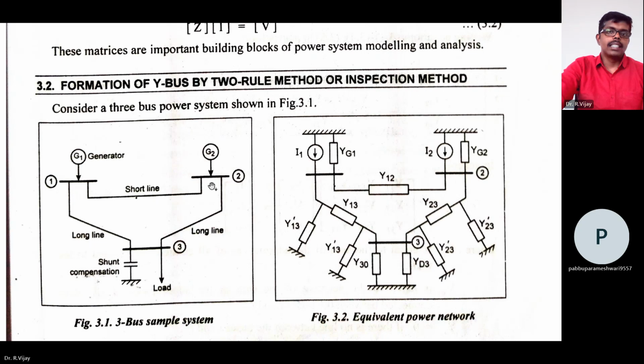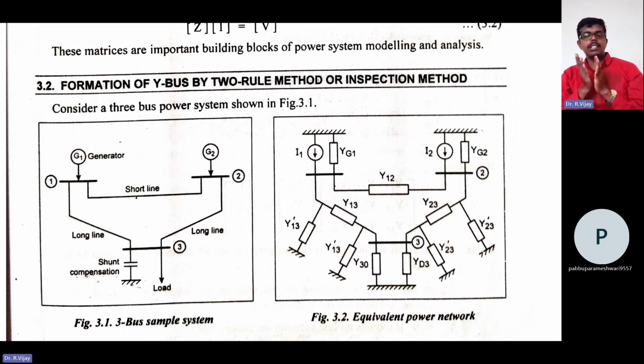As I said before, if you take any generating station, like a thermal generating station or hydro power generating station, you can find the generators nearby, meaning a very short distance between the generators.